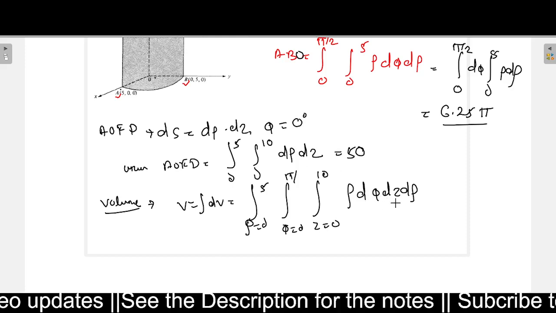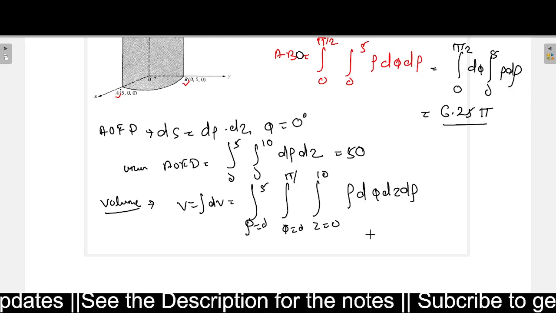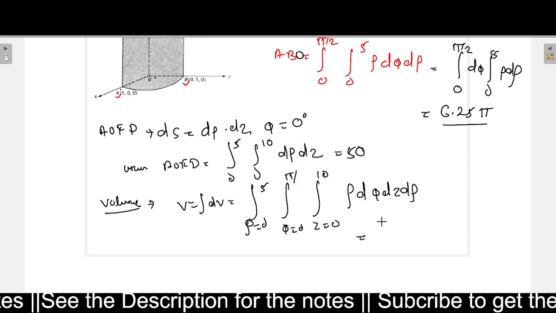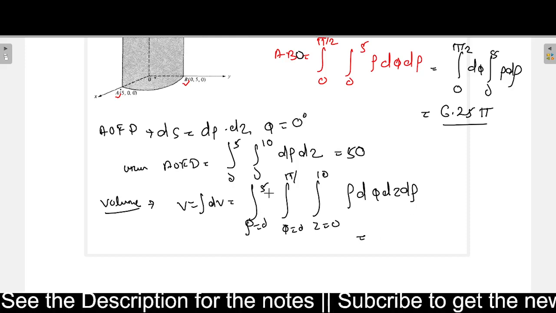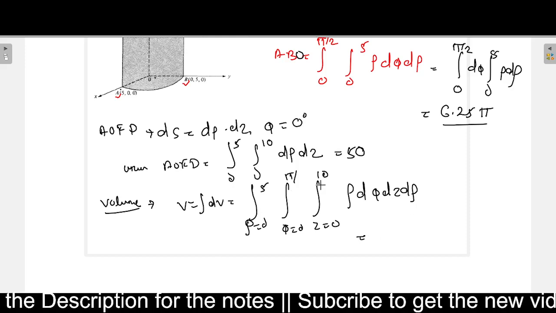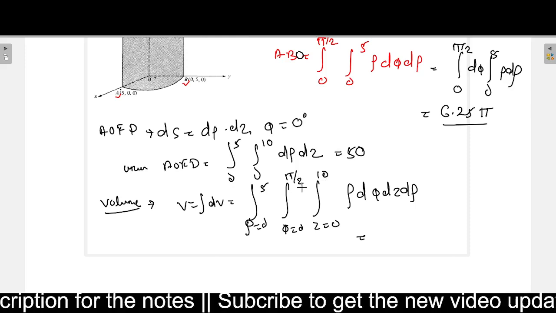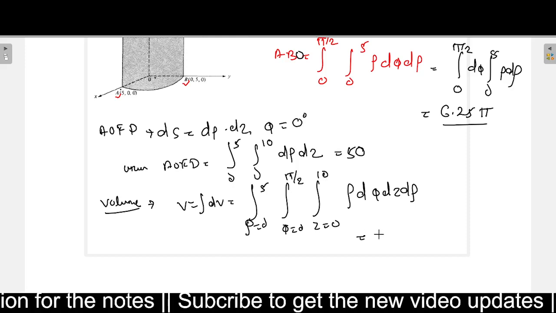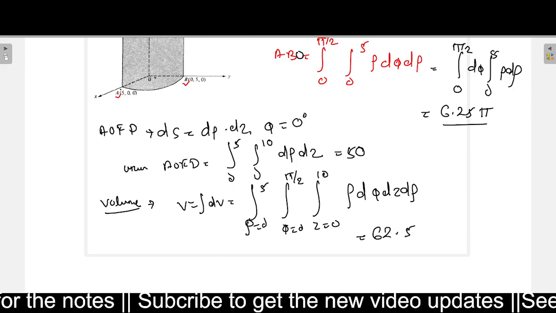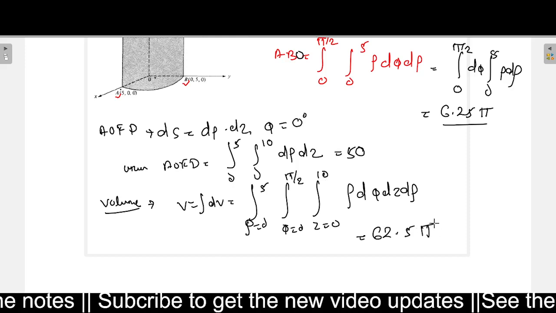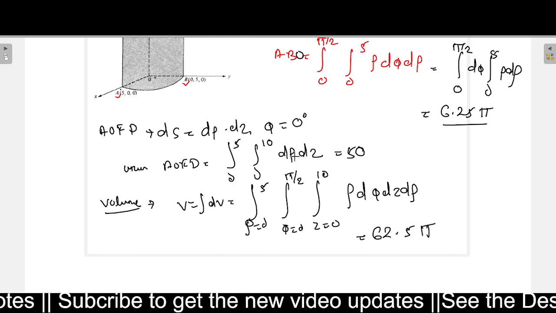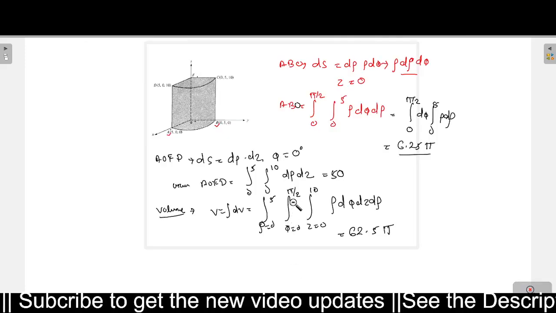How these expressions come about, I am not explaining here. Now we calculate this: 5 squared by 2 times pi by 2 times 10, so the total value we get is 62.5 pi. This is how you can solve this vector calculus problem.